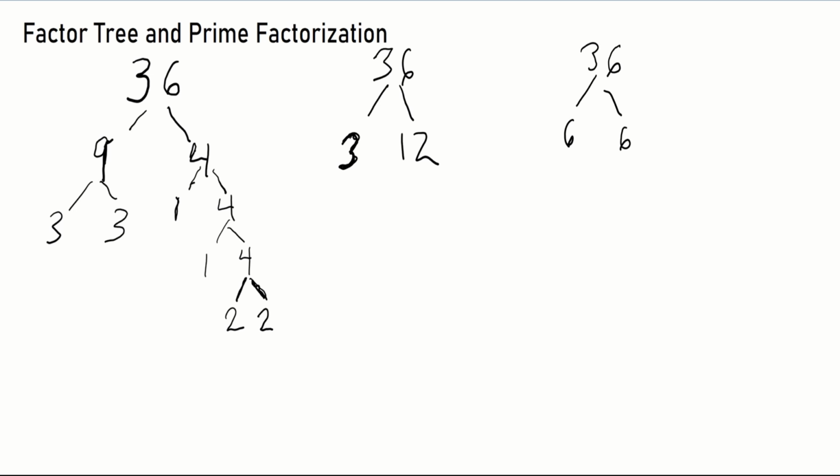Let's say 2 and 6. The factors of 6 are 3 and 2. And we can use the breakdown of 6 in our other tree here.